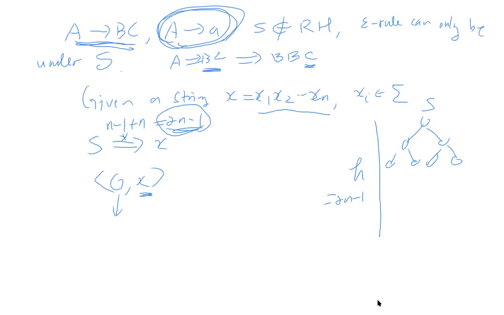Of course, it's a huge number, but it's still finitely many, depending on your given input G and x. So this Turing machine always halts, and it accepts as long as x can be derived from G. Okay, so this is decidable.